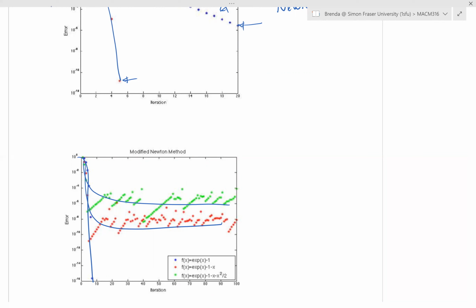So it's the modified Newton's method. I'm just going to write this. Modified Newton is much less robust to round-off error.